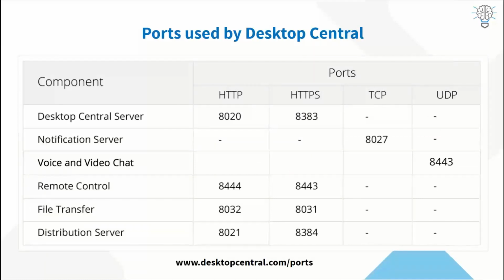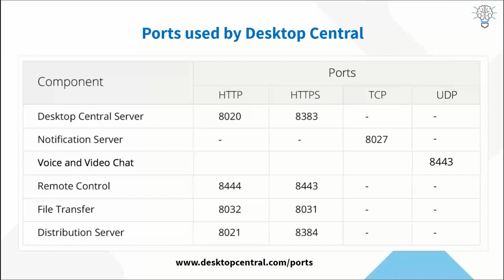Let's take a look at the ports that are used by the Desktop Central server. So Desktop Central runs primarily on two ports: 8383, which is HTTPS, or 8020, which is used for HTTP connection. And all the agents talk to the server using this port. And there is another port, 8027, which is in TCP mode of communication, and this is used by the notification server.